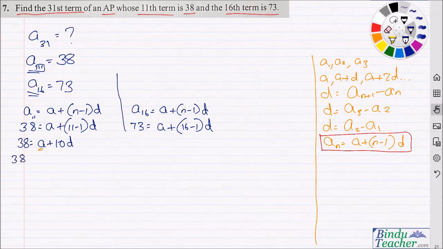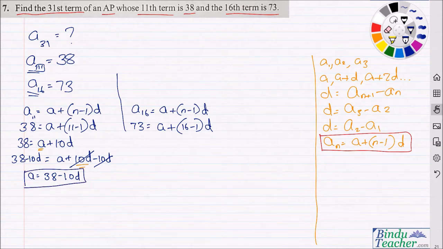We write the same equation. I only want to keep a here, so I should remove 10d. Since it is plus 10d, we will do a minus 10d, and whatever I do on one side should also be repeated on the other side. Balancing the equation, plus 10d and minus 10d cancel out each other. We get a equals 38 minus 10d.